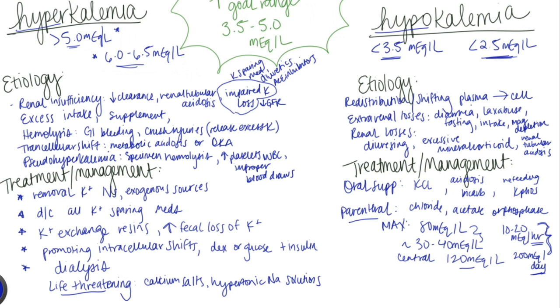Finally, if there are some other etiologies that are leading to this hypokalemia, you of course want to manage those etiologies. So if you have some medications that are leading to hypokalemia, you obviously want to minimize those meds. So that could be moving away from things like sorbitol or any potassium wasting diuretics.